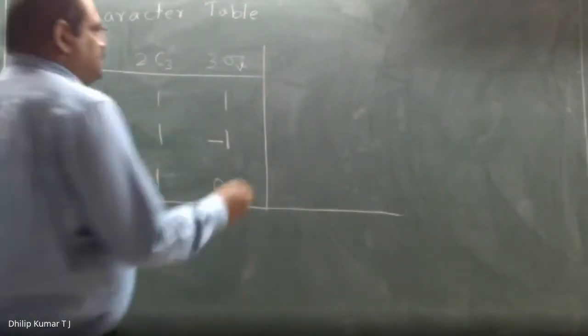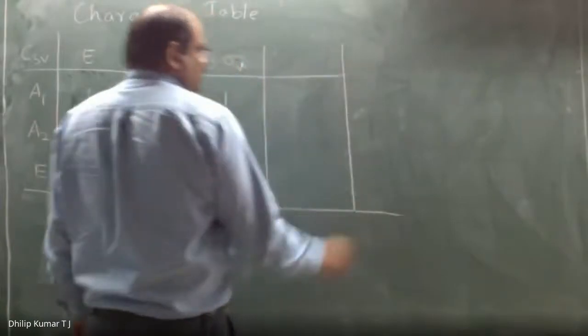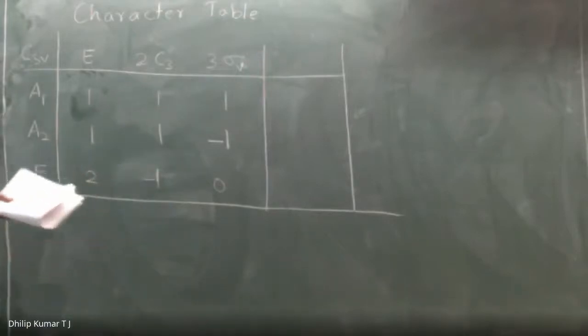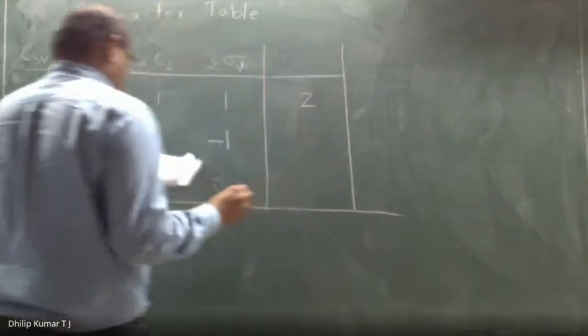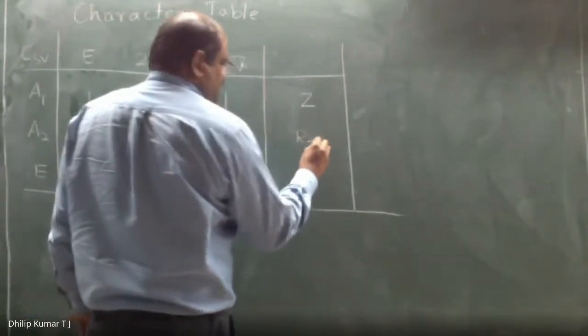It has another column which tells about the translational and rotational vectors, or bases. We can say these are the bases. So A1 corresponds to Z, and A2 corresponds to RZ.